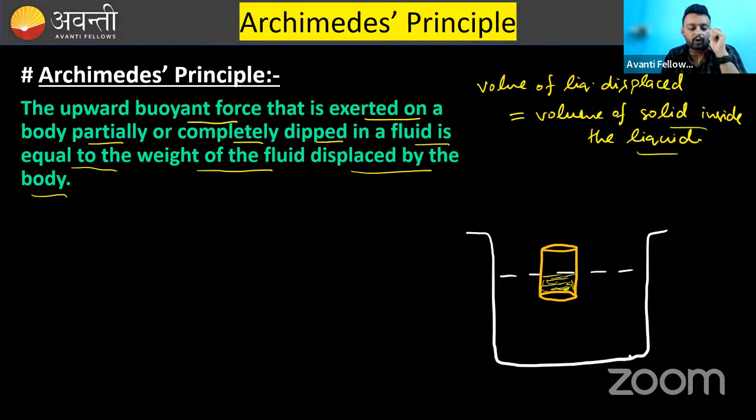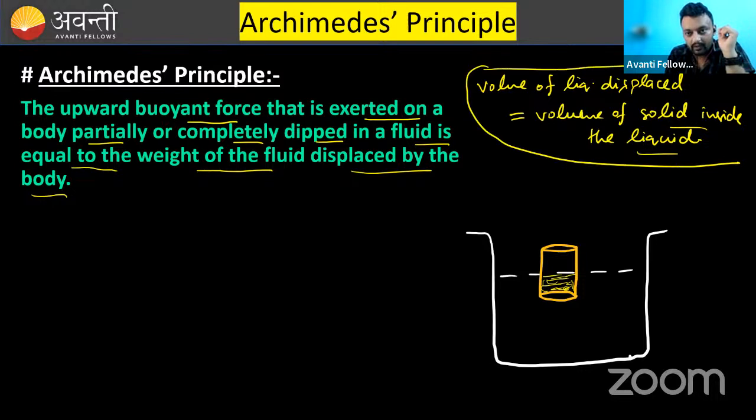Now, there are a lot of confusing words. First thing is mentioned here that will be used later. Second thing, the buoyant force will act on this in the upward direction. Let's denote it by FB. So this buoyant force will be equal to the weight of the fluid displaced by the body.